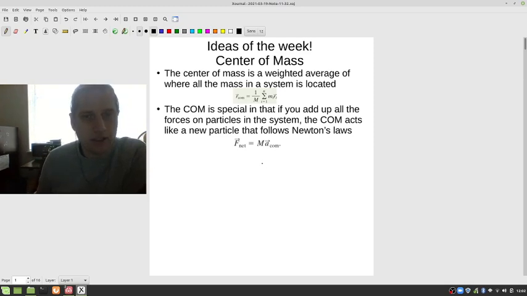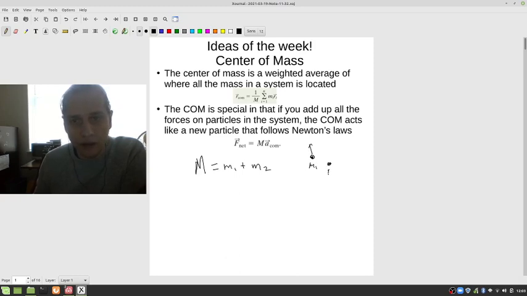And the center of mass for two particles, of course, is if you have one particle and another particle, the big M would be M1 plus M2. Okay, so let's say that we have a first particle and a second particle, M1 and M2, and they might be moving in different directions with a V1 and a V2.